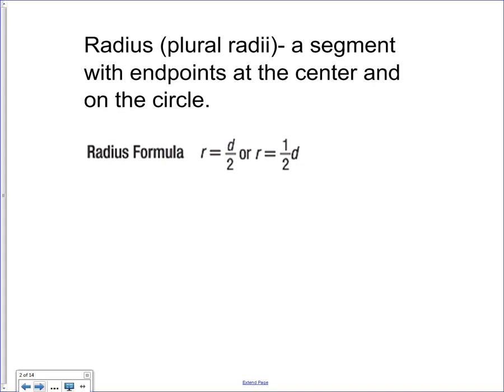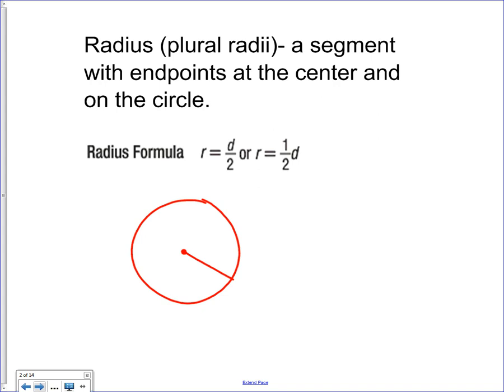As we talked on the last slide, a radius, plural radii, is a segment with endpoints at the center of the circle and on the circle. And then the formula for radius is the diameter divided by 2, or you can say the radius is 1/2 the diameter. So a diameter, if we have a circle, not terrible, but not my best circle probably either.